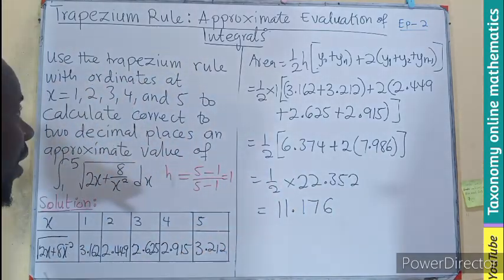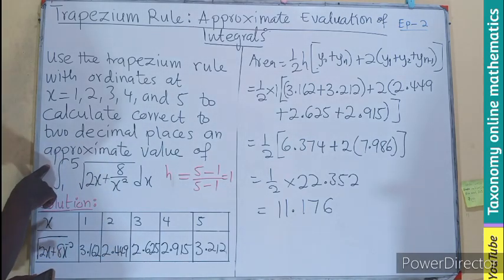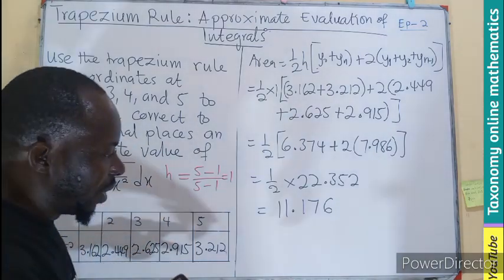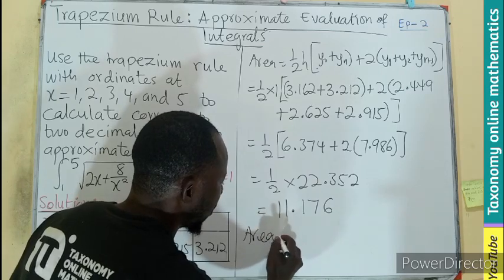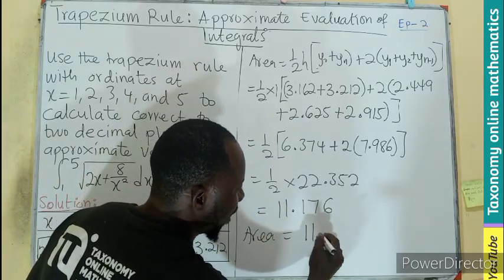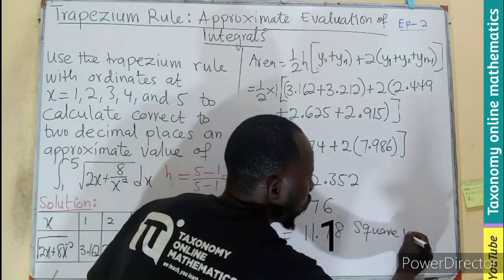But don't forget, the question gives you the number of decimal places. We are given 2 decimal places. So the area will be equal to 11.18 square units.